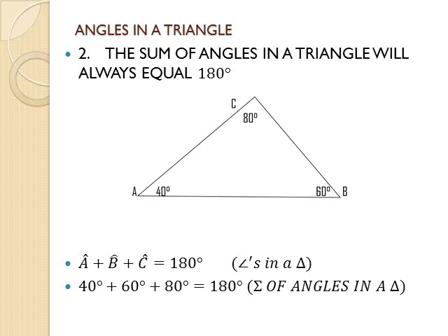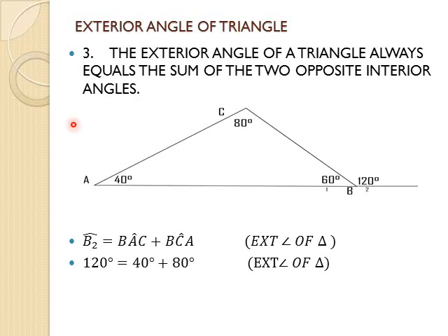Now let's go to the second form for angles in a triangle. The exterior angle of a triangle always equals the sum of the two opposite interior angles. This shape will also appear a lot in our later geometry problems. What we are stating there: if I take angle C and A, 40 plus 80 would give me 120. If we take the outside angle here, B2, it is also 120. You can also look at it this way.